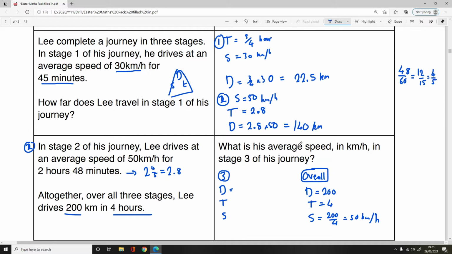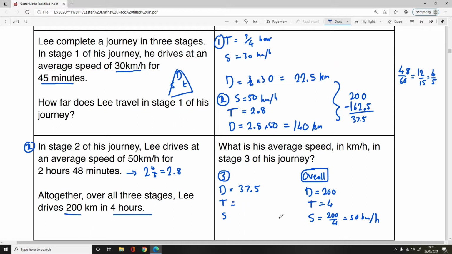The distance travelled so far is 162.5, and the overall distance is 200. If we take that away, we get 37.5 kilometers left to go. Then we can also work out the time that's left over.